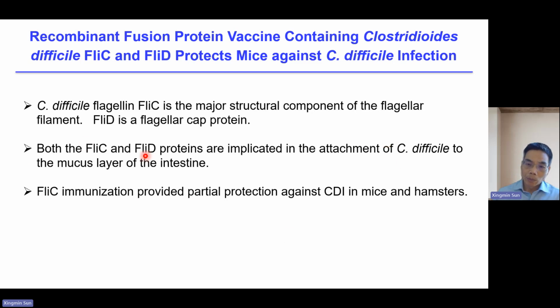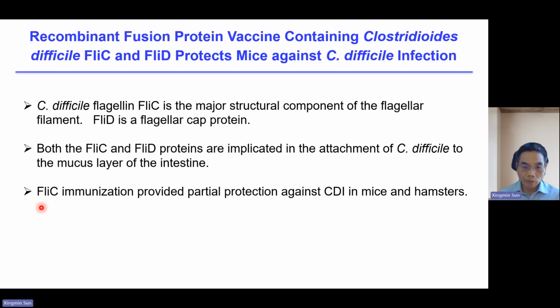We found that both FliC and FliD proteins have been implicated in the attachment of C. difficile cells to the mucosal layer of the intestine. Previously, we showed that FliC immunization alone can provide significant, even though partial, protection against infection in mouse and hamster models.